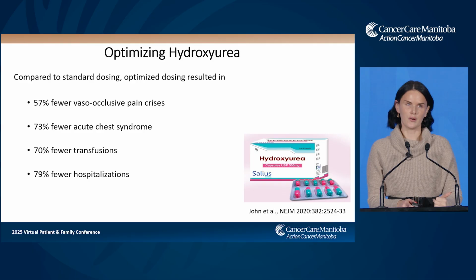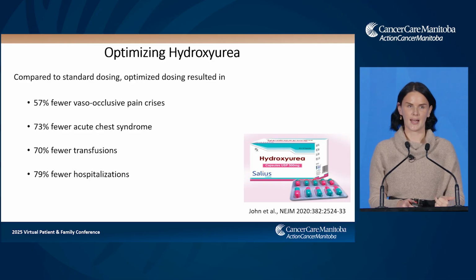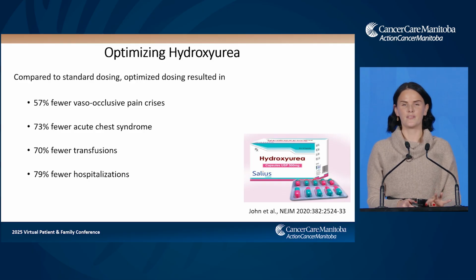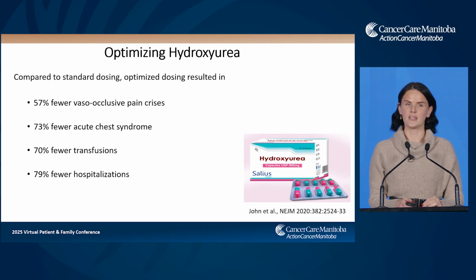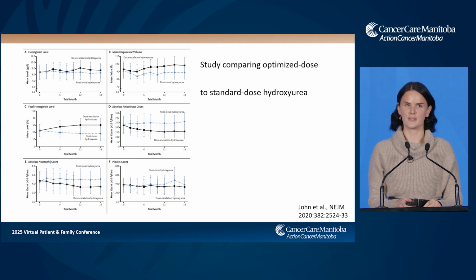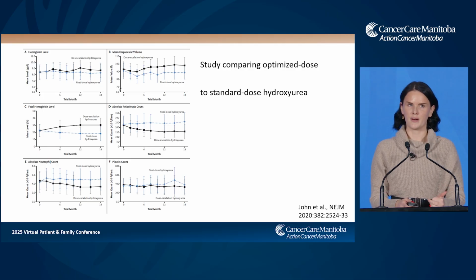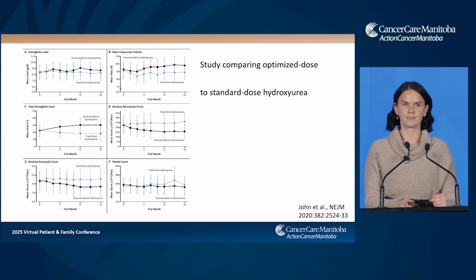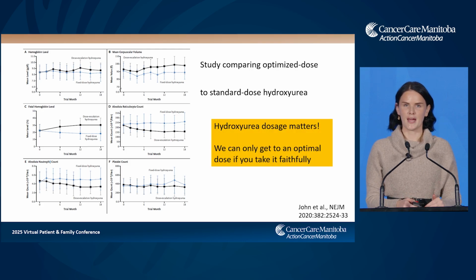And by doing so, they had 57% less pain episodes, 73% less of the acute chest syndrome, 70% less transfusions, and 79% fewer hospitalizations. You can also see here their hemoglobin levels were much better, and they had less hemolysis, or red blood cell breakdown. So again, hydroxyurea dosage matters.